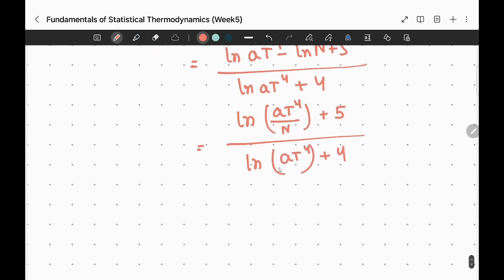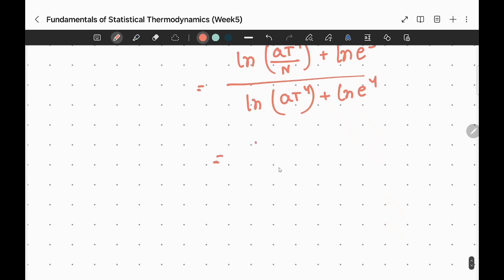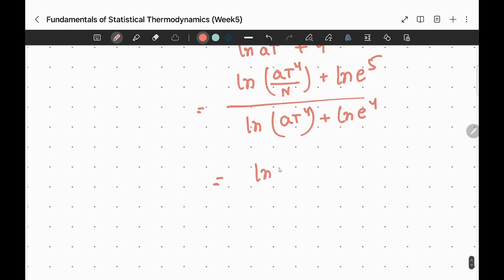So again, you can simplify it, but the original answer will be this. How can we simplify this? This 5 can be written as ln e to the power 5, and this 4 can be written as ln e to the power 4. So essentially it can be written as ln of a T to the power 4 e to the power 5 by n, divided by ln of a T to the power 4 e to the power 4.